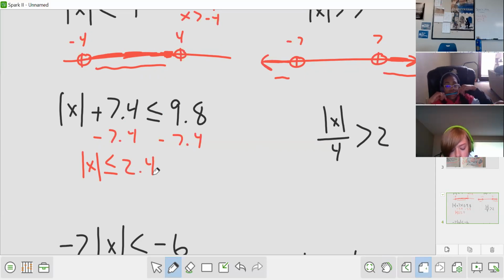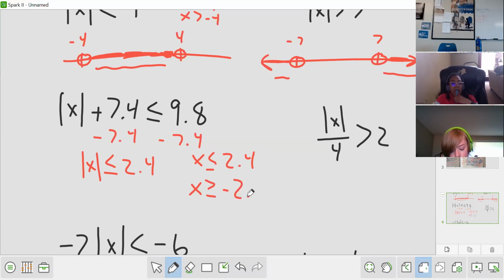Follow me? Okay, and so then I still have my two different scenarios I have to watch out for. x can be less than or equal to 2.4, but x can also be greater than negative 2.4. And you see how I skipped a step there? See how I skipped a step there?